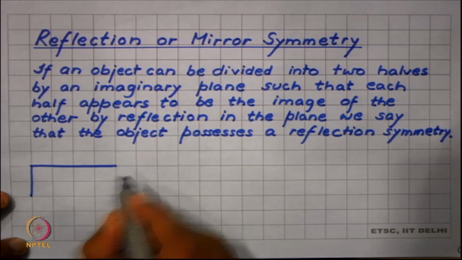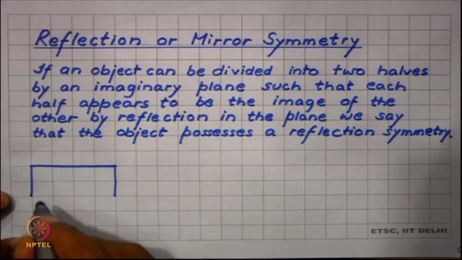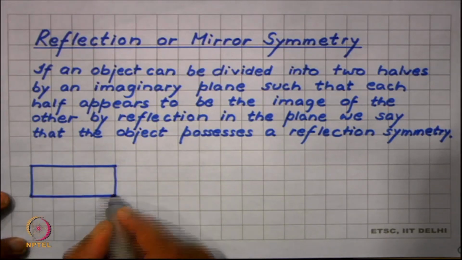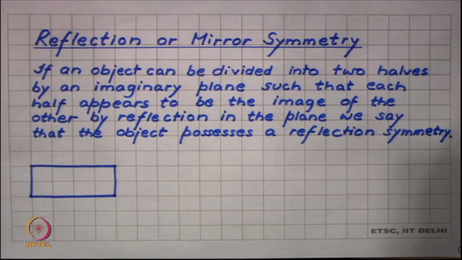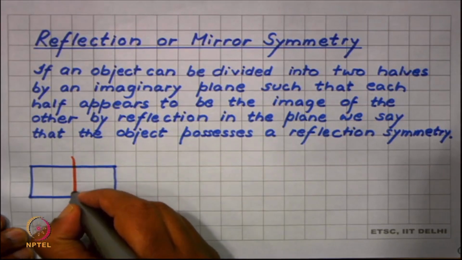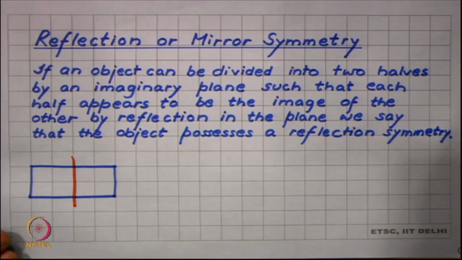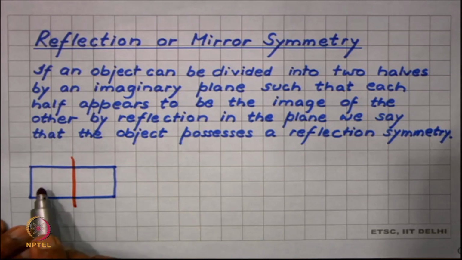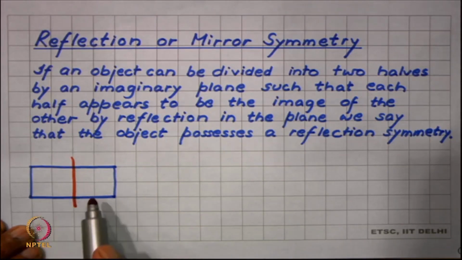Our rectangle, and if I divide this rectangle into two halves with this vertical plane, then we can see that the left half and the right half can be imagined to be mirror images in this red plane.